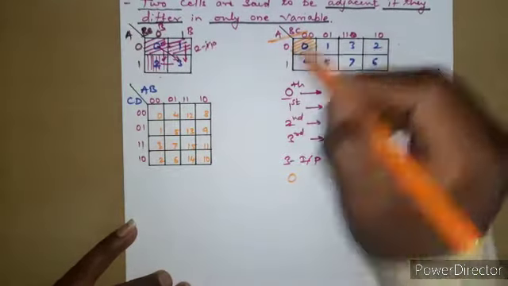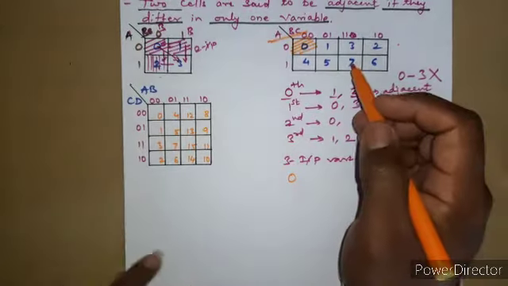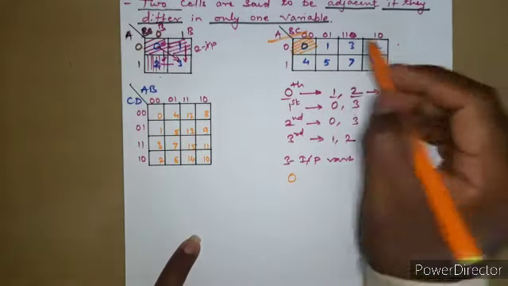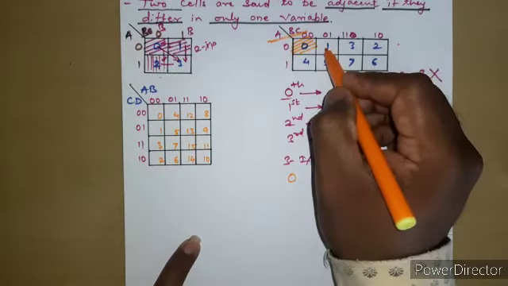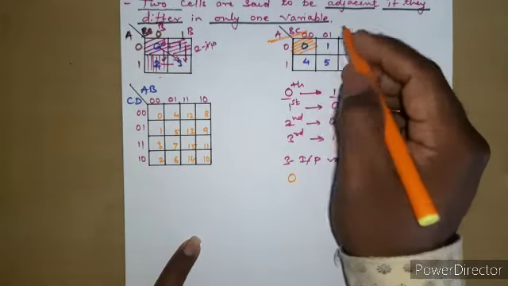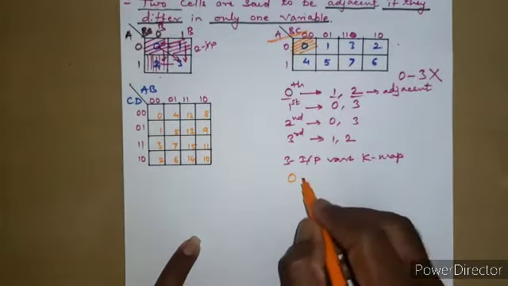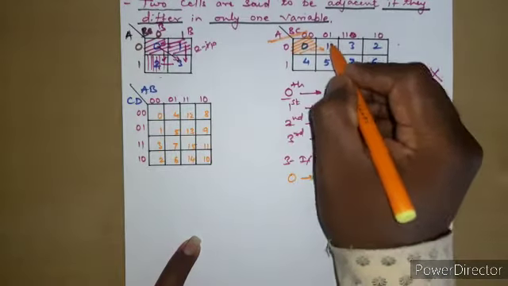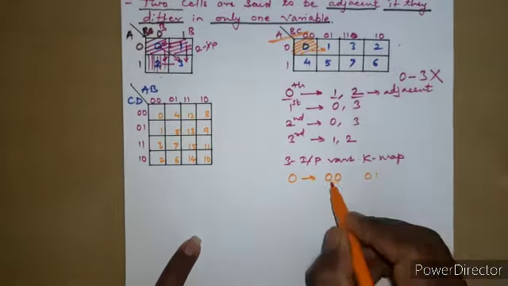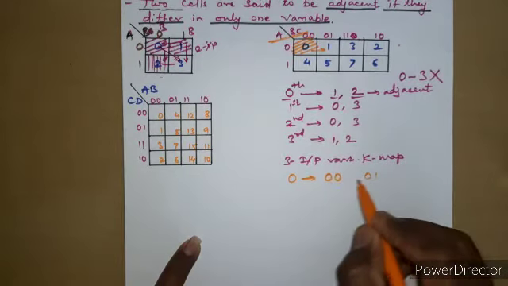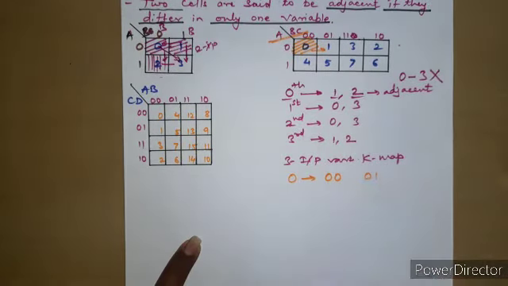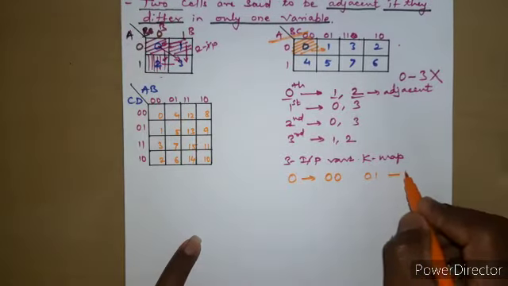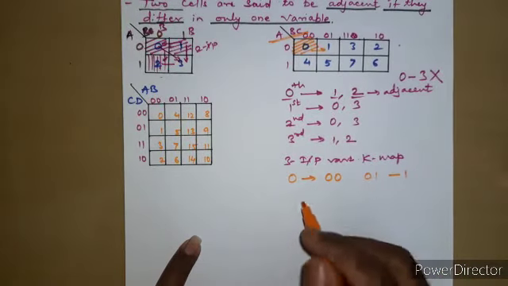Now here it is interesting. If we take this cell for 0, it is 0 0, and the neighbor cell is 1, which has 0 1. So it differs in one variable. So for 0, this 1 becomes adjacent.